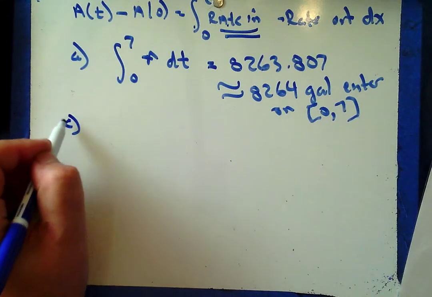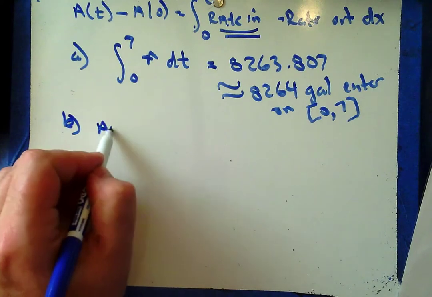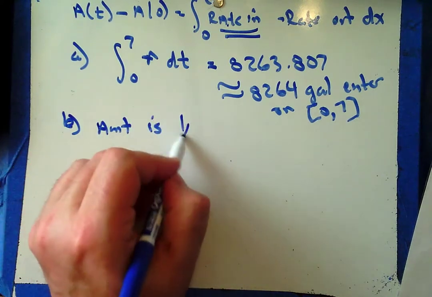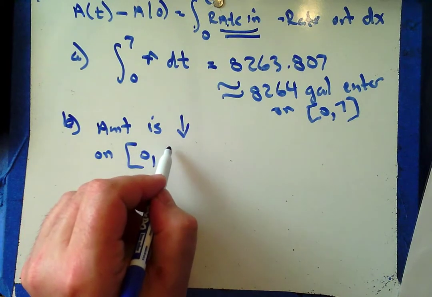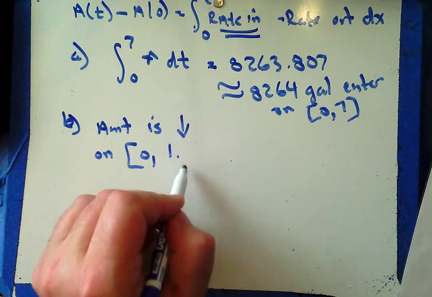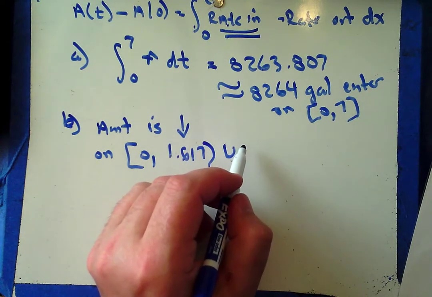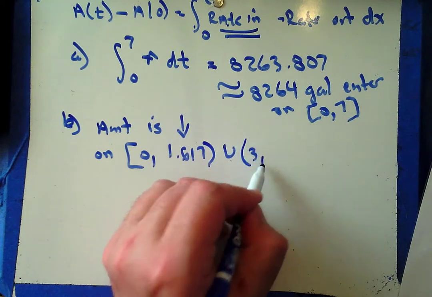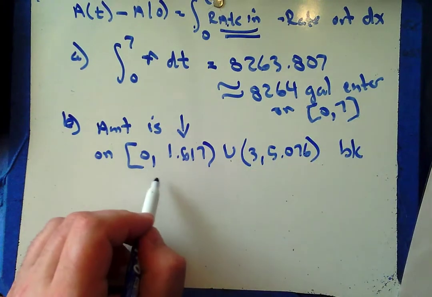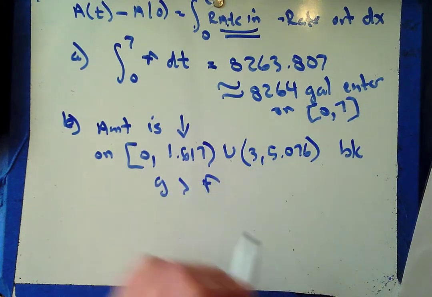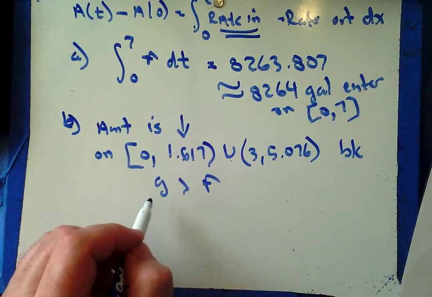So for part B, we'll say the amount is decreasing on 0 to, conveniently they gave me those points of intersection, 1.617, union, and then the next time g is above f is from 3 to 5.076, and my reason here would be because g is greater than f. Yeah, that's all I need to say for amount is decreasing.